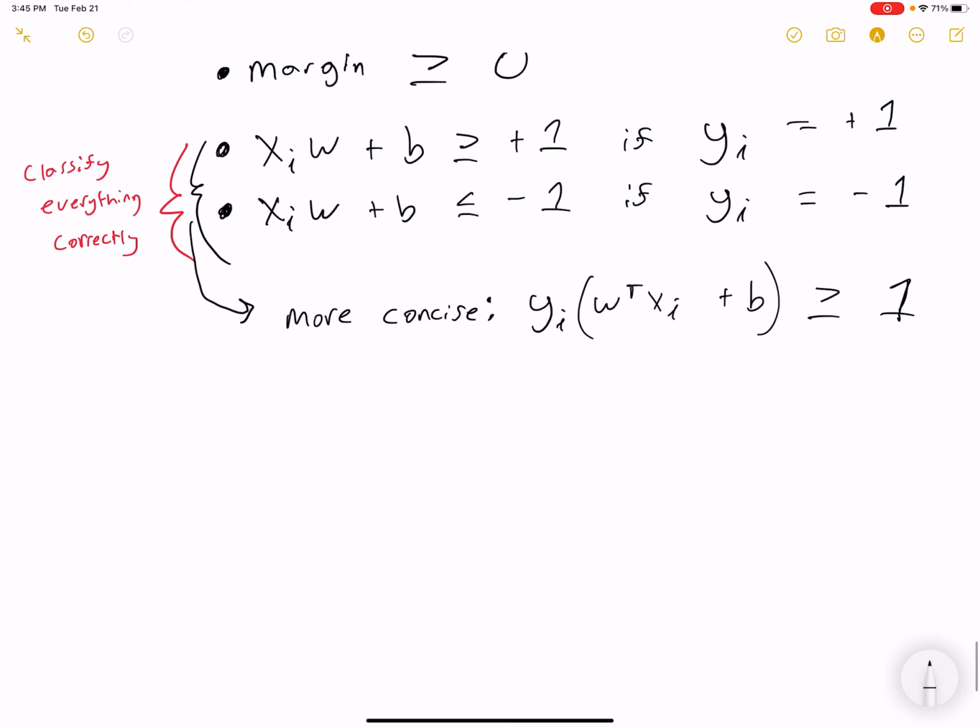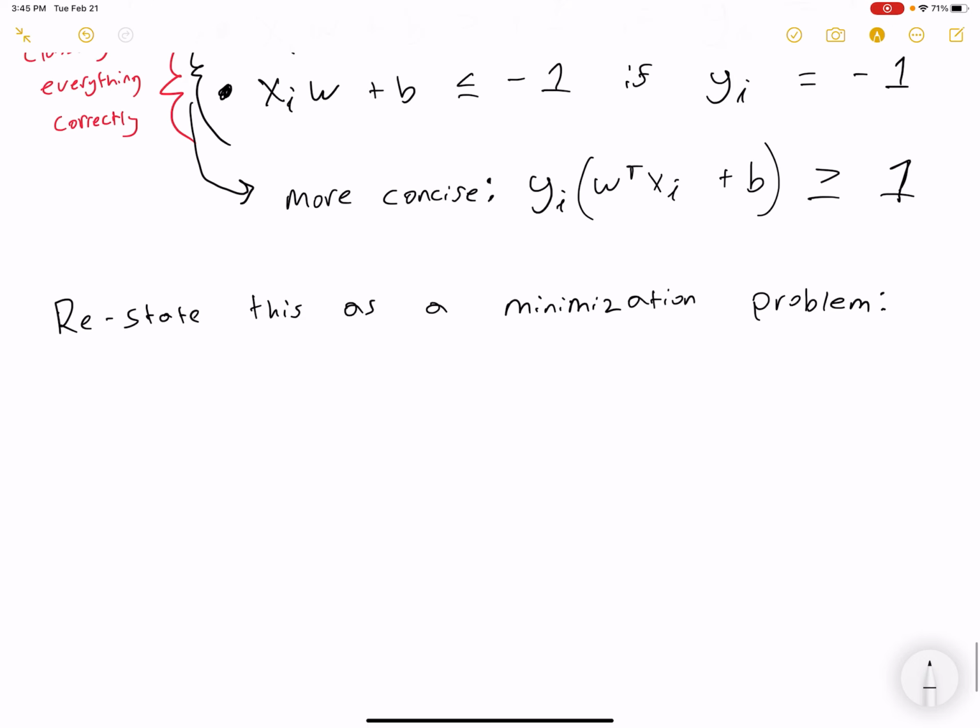So we can restate this as a minimization problem, which is useful because usually we think about minimizing things when we're optimizing for machine learning.